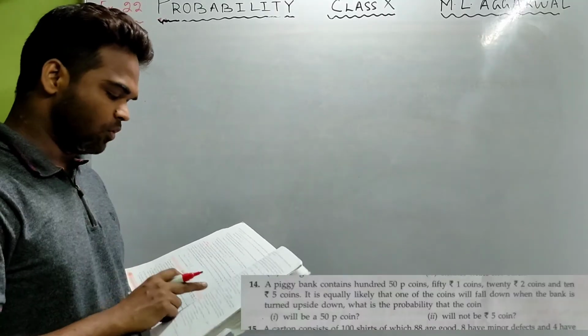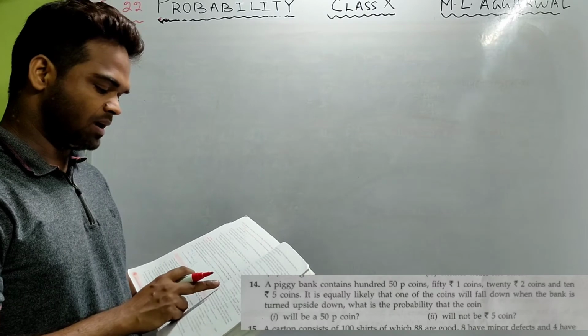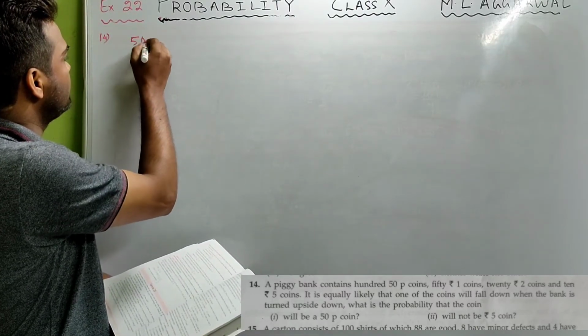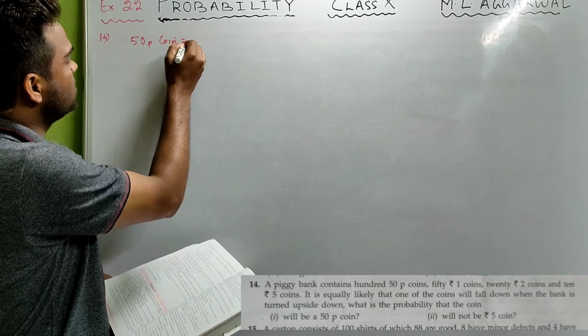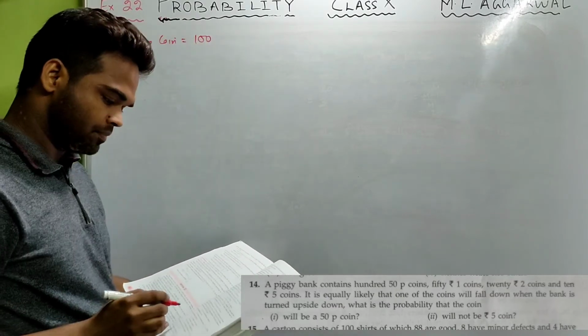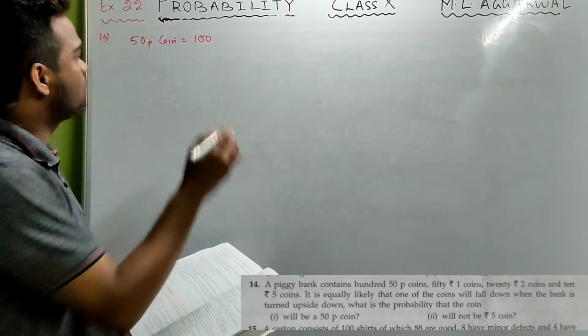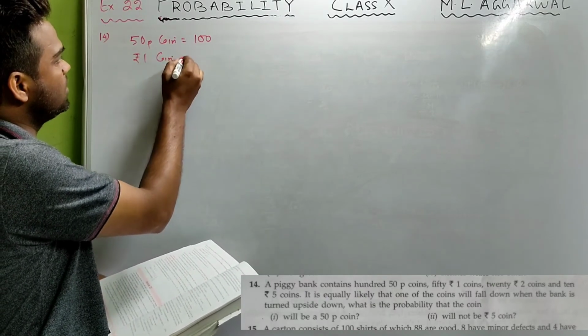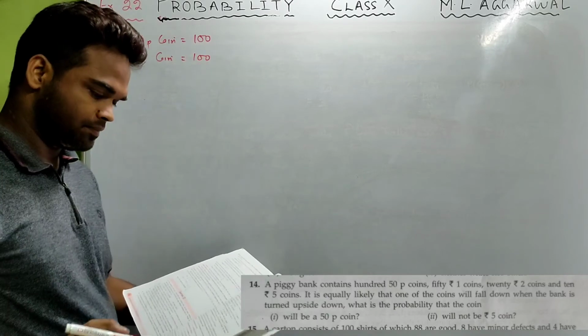Now look at sum number 14. I'll read it. A piggy bank contains 50 paisa coins, so how many is it? 100. Rupees 1 coin, how many? 100.